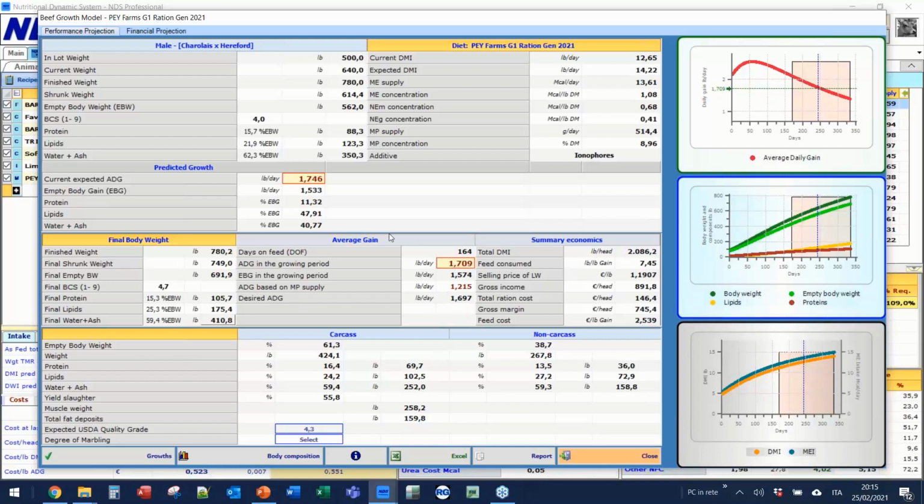Then we have some outcomes related to the period of growth during these 164 days.